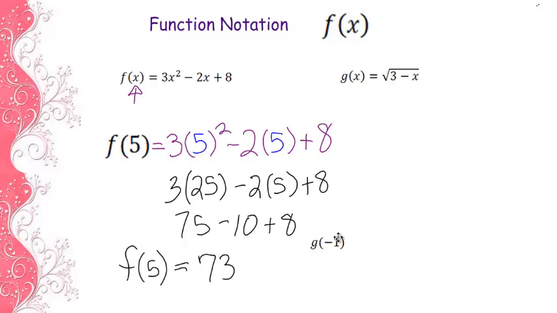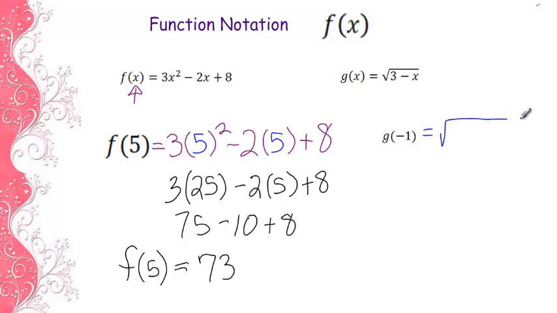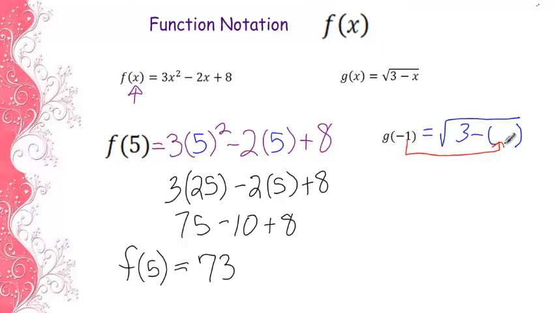Let's do this again and evaluate g at -1. So we copy the pattern of g, which is a square root of 3 minus, and we're going to put the parentheses placeholder for the x, and then we're going to fill in what x is in that bucket right there.